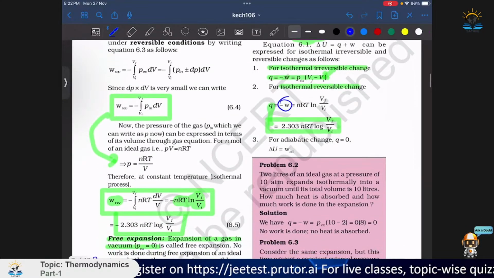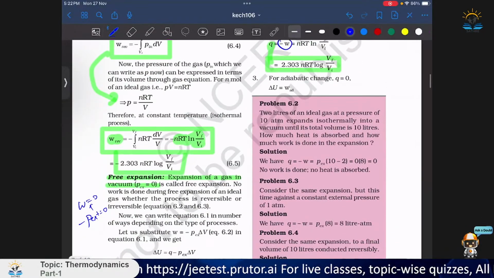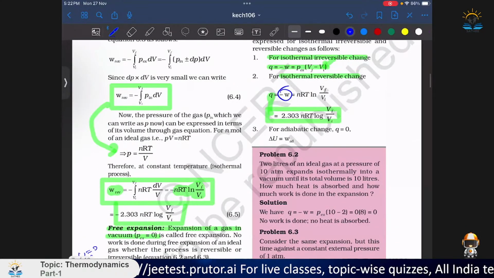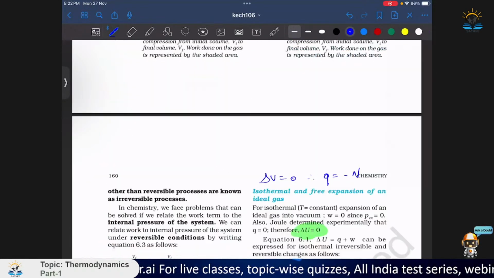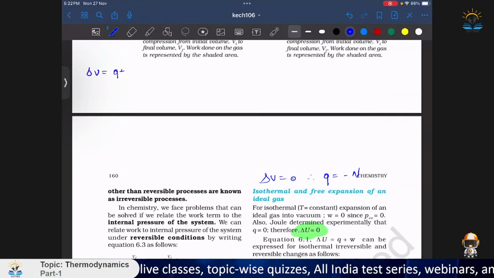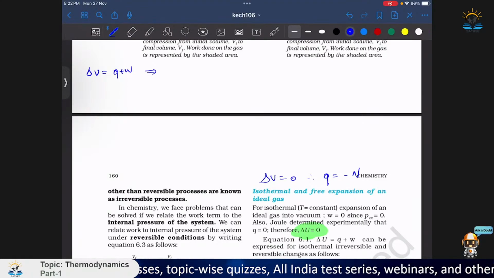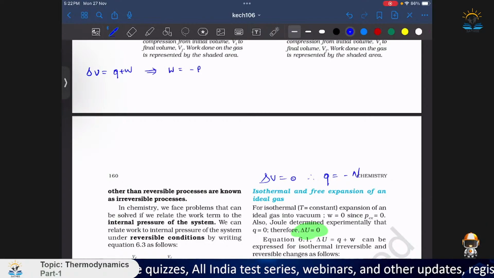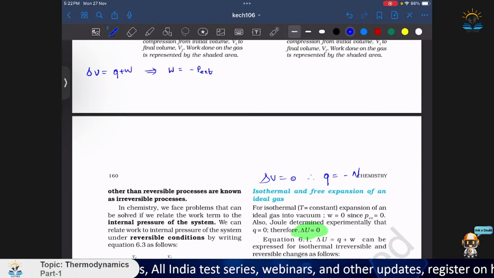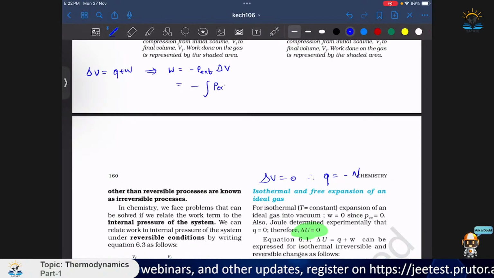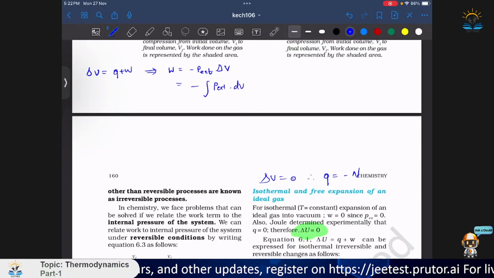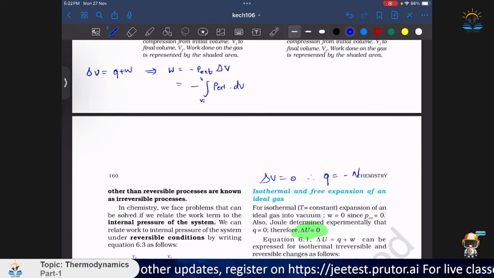Okay. Right. So how to remember all this? I'll just tell you one simple formula. The first formula you need to remember is delta U is equal to Q plus W. Next, you need to remember W is equal to minus P external delta V. This is irreversible, and minus integral of P external dV, with limits from V initial to V final.